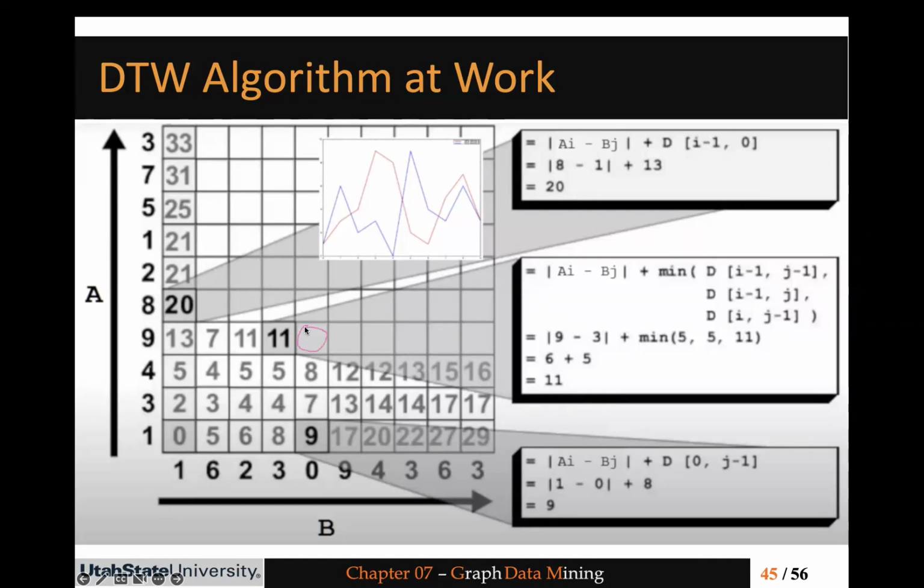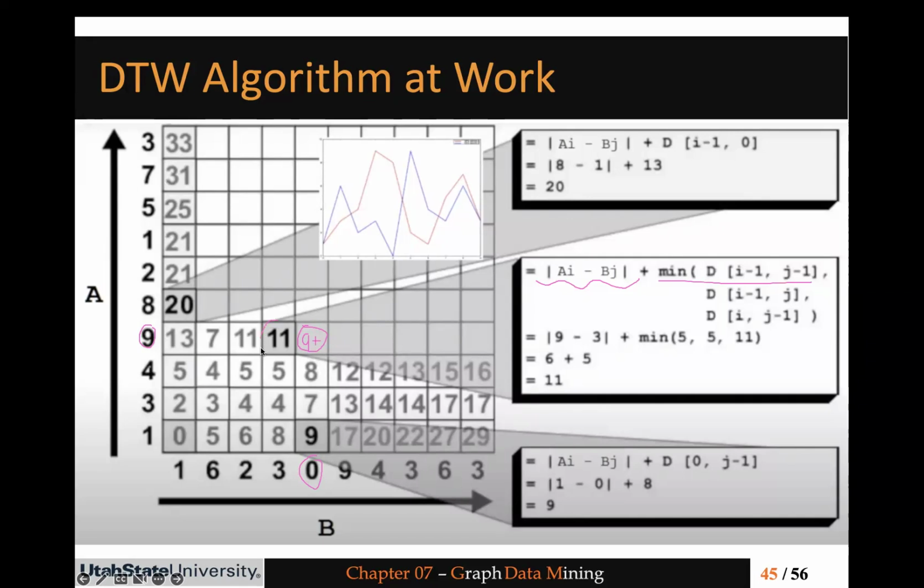Let's find the number being produced over here. The very first thing I need to find is the absolute value of a sub i minus b sub j, meaning the L1 norm of 0 and 9, which is simply 9. The second term is the minimum between three different cells.